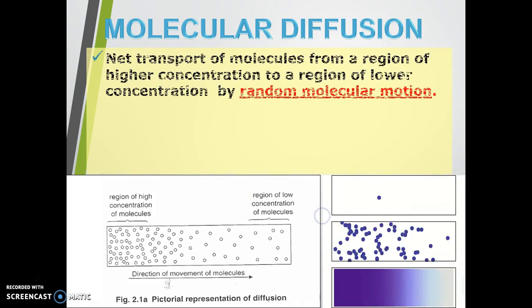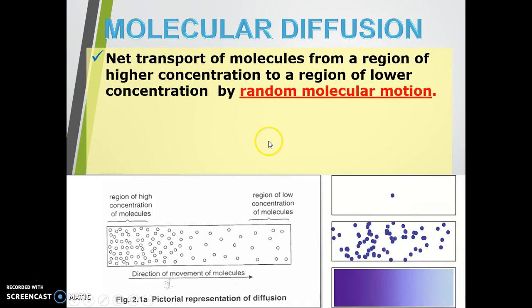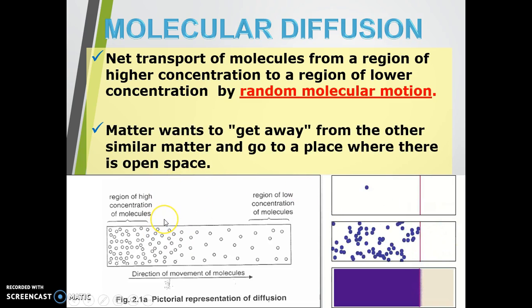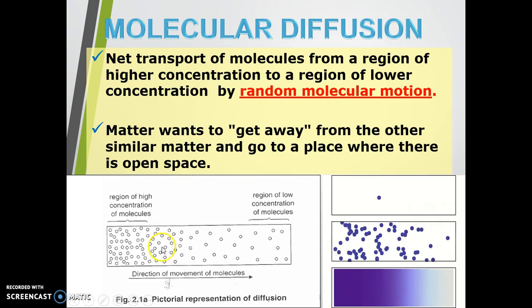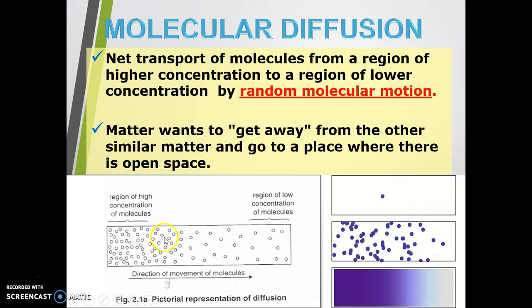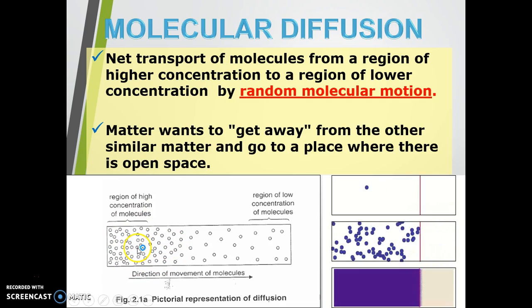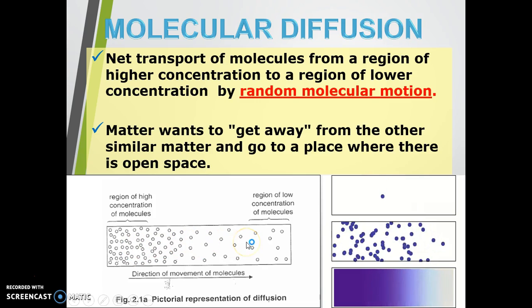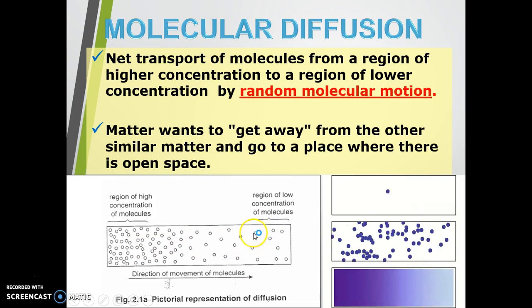So this is the diagram that shows you the direction of the movement of the molecules from one point to another point, where at this point it is highly concentrated with these molecules, and this high concentration of molecules will move towards the low concentration region.